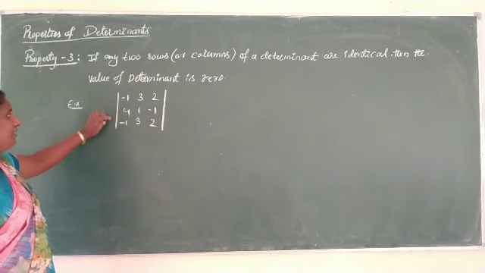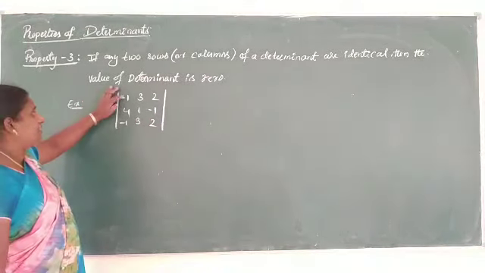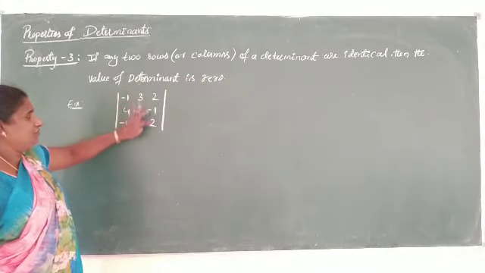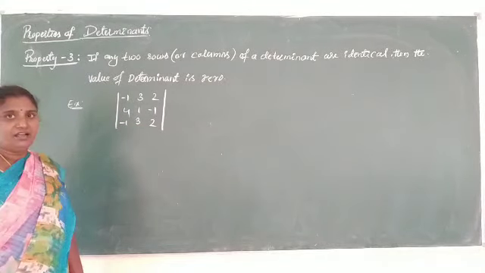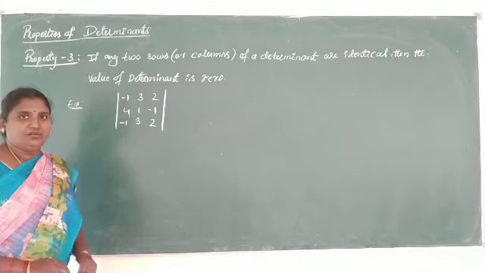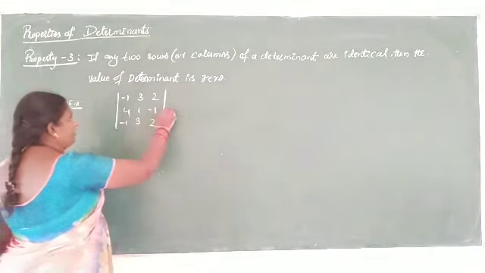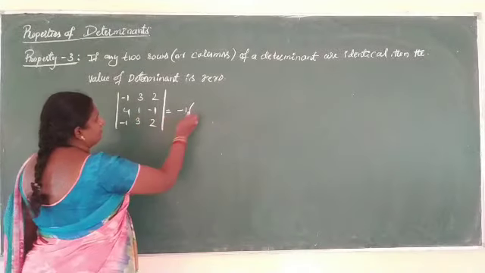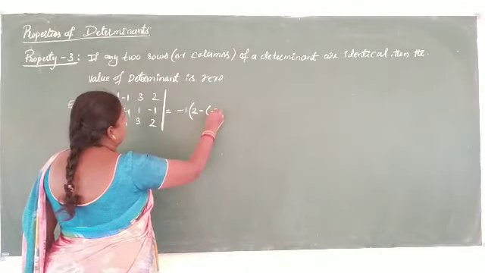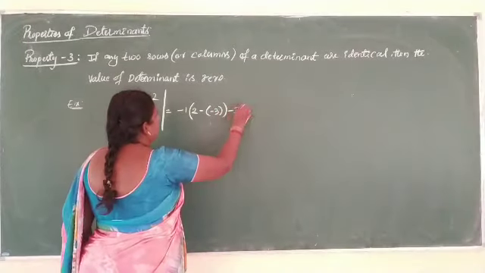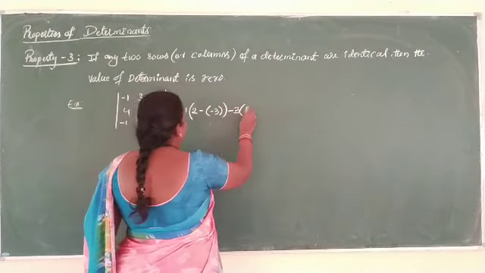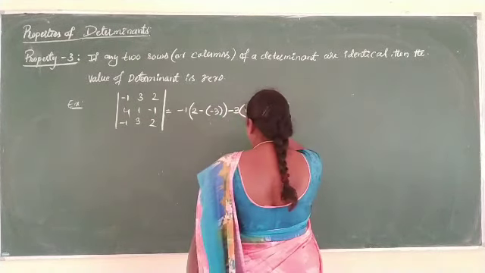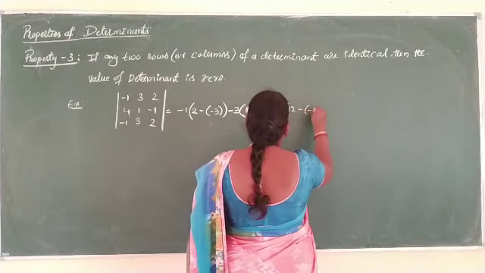You observe R1 and R3. Their corresponding elements are the same: -1, -1 and 3, 3, 2, 2. So R1 and R3 are identical. Let us check the value of this determinant. Expanding: -1 into (2 ones are 2, minus of -3), next -3 into (4 twos are 8 minus 1), plus 2 into (4 threes are 12 minus of -1).